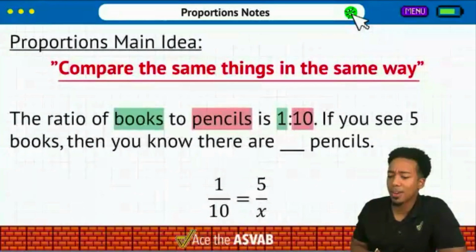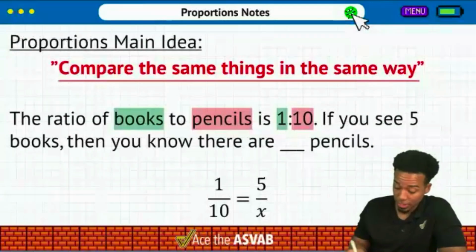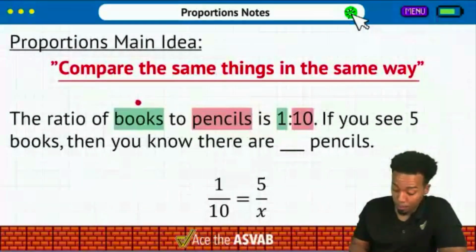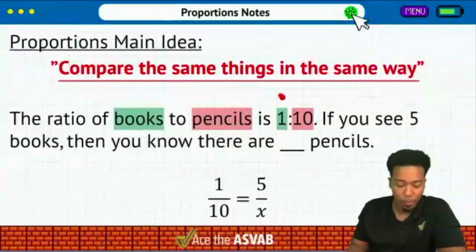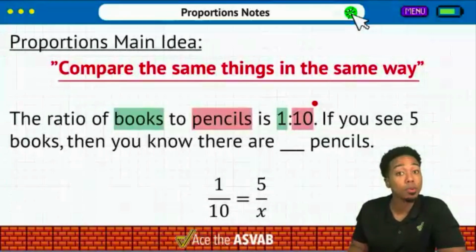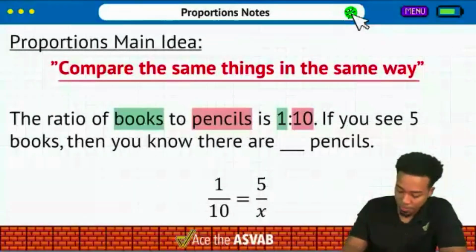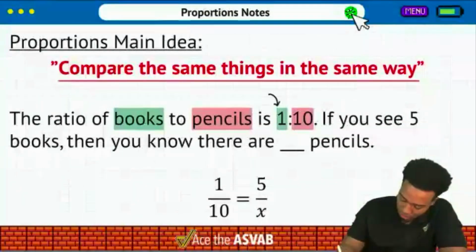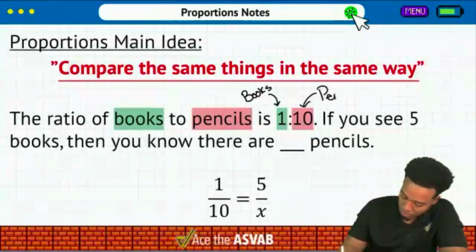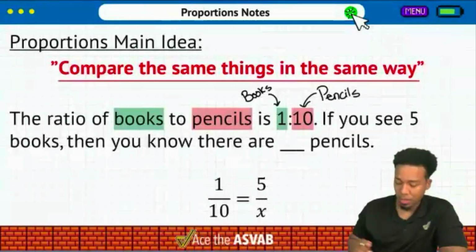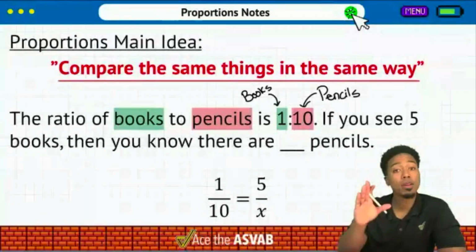Yes, it does. So if you see that it says books to pencils, the first number represents books, second number represents pencils. Nice and easy. That's books. And this right here is pencils.